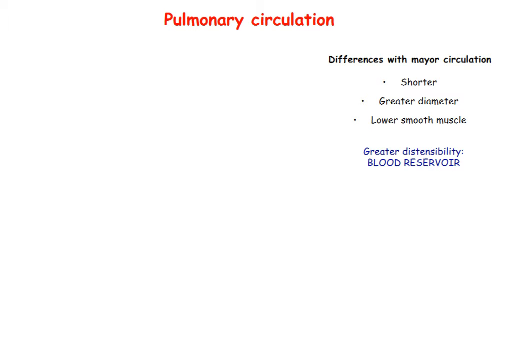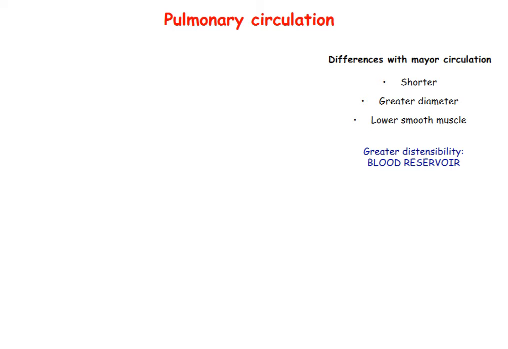If we determine the differences with the major circulation, we can find that the vessels in the pulmonary circulation are shorter, have a greater diameter, and the thickness of the smooth muscle in these vessels is lower.